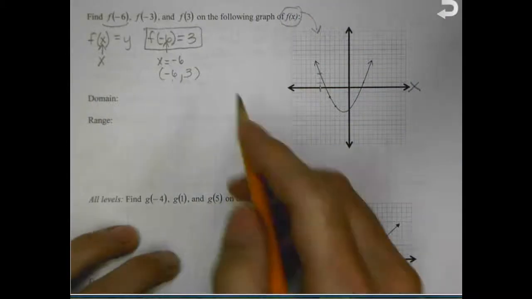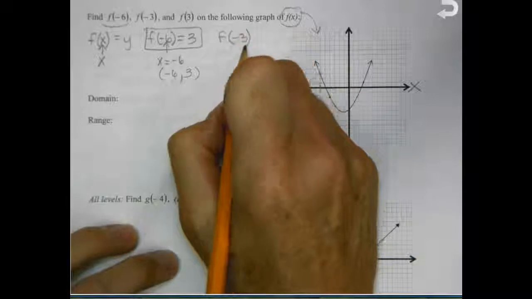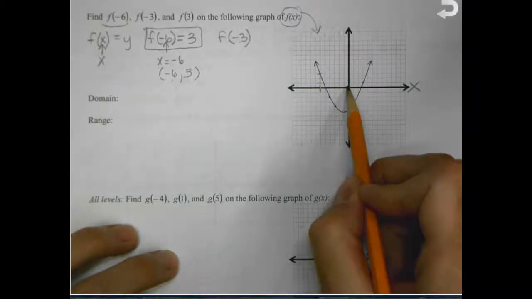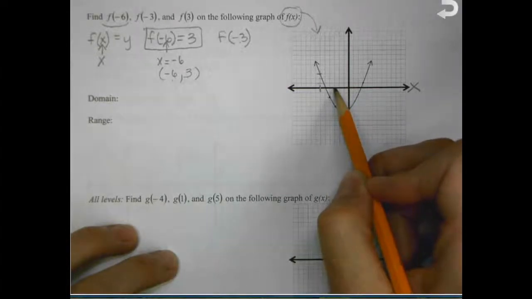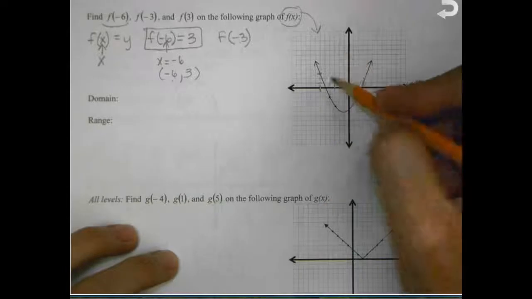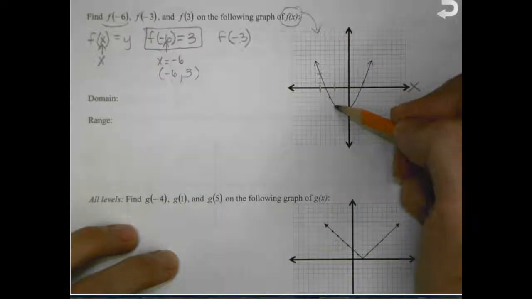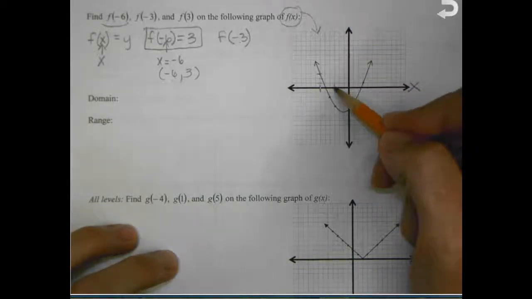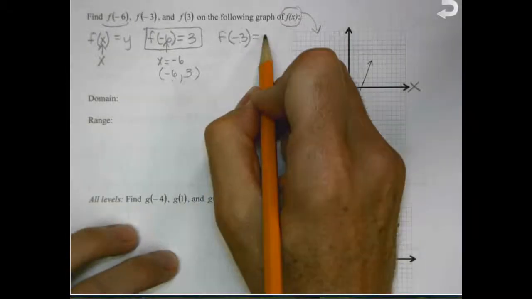Let's do that another time. If I have f of -3, that means this is my x part, so come to my graph and go -3, 1, 2, 3, and then this time if I go up from this point, I'm never going to hit something on my graph. I'll actually have to go down and come to this point, and then I'll hit a point that's on my graph. So from here at -3 for my x direction, I go 1, 2, 3, 4, -4 for my y direction.